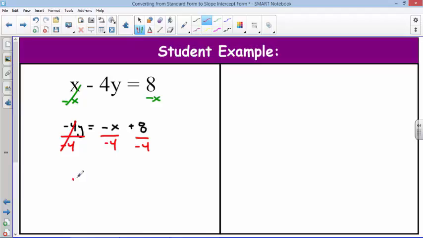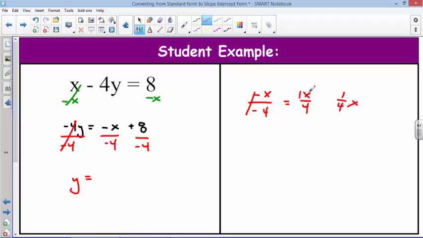These cancel out. My y comes down. Here I have negative x divided by negative 4, where the negatives will cancel out and you would have x over 4. But for the purpose of graphing and understanding our slope, we want to have a fraction multiplied by x.